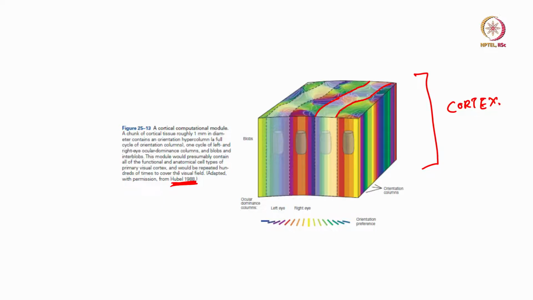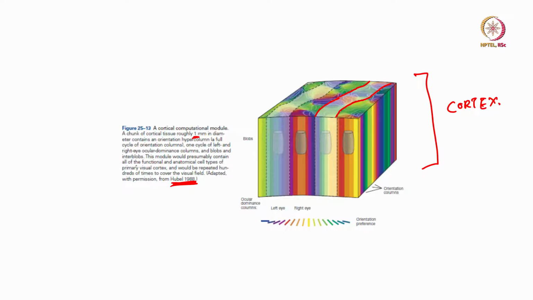So, I will just read it out. A cortical computational module, a chunk of cortical tissue 1 mm in diameter, contains an orientation hypercolumn, a full cycle of orientation columns, one cycle of left and right ocular dominance columns, blobs and interblobs.